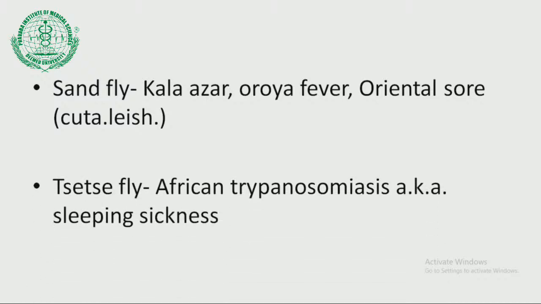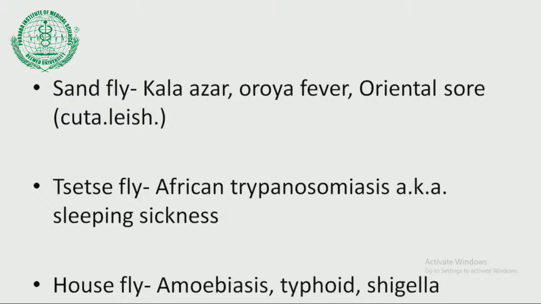Tsetse fly transmitting the African trypanosomiasis, also known as sleeping sickness. And house fly, which will be mechanically transmitting different microorganisms causing amoebiasis, typhoid and even dysentery. So here you should always remember the difference between pathogen and the vector.